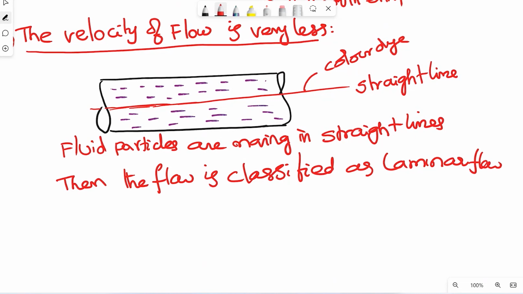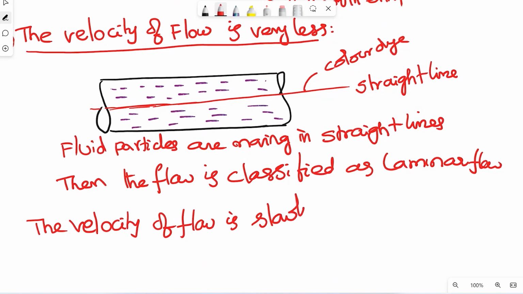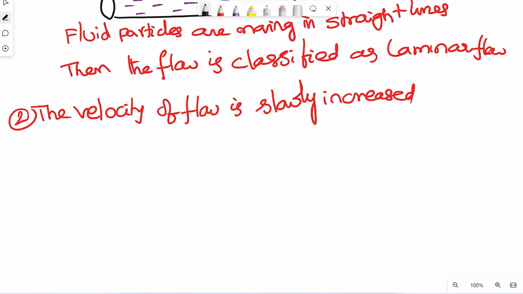Then the second point, what he has done: the velocity of flow is slowly increased. This is the second stage, and this was the first. So what is observed when this is done?